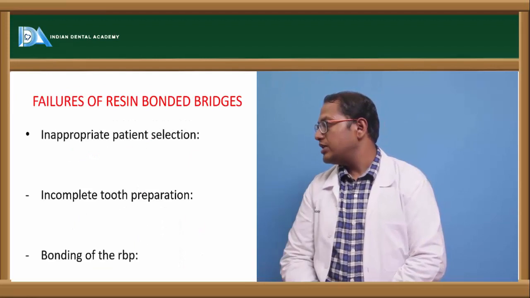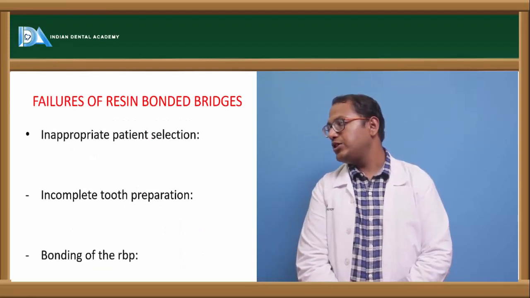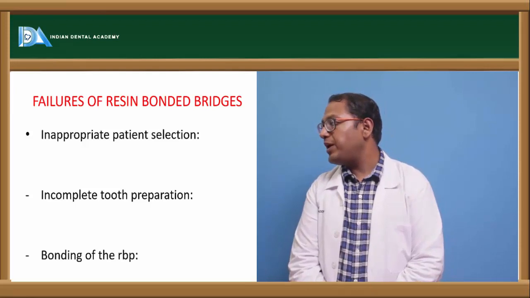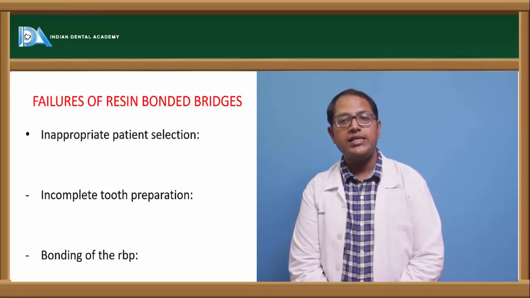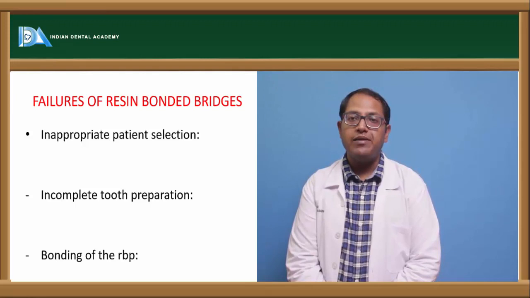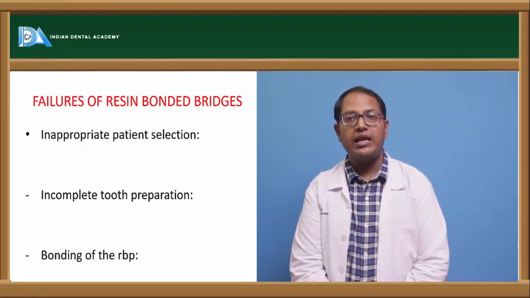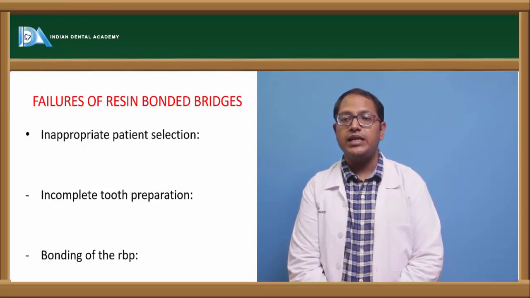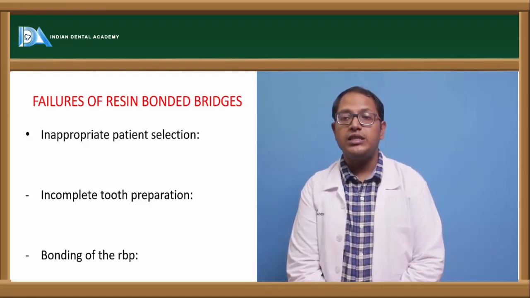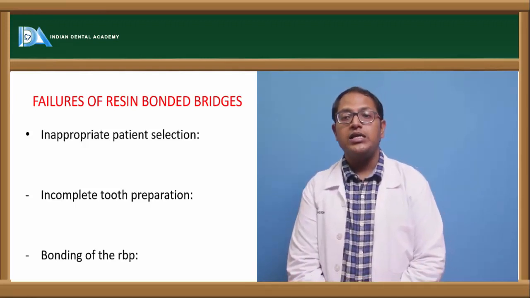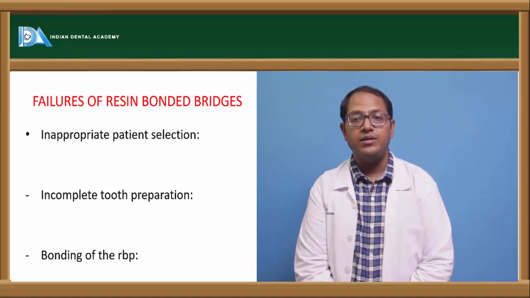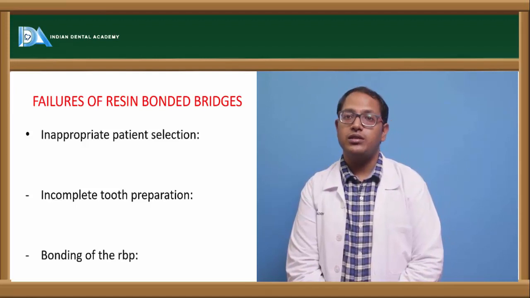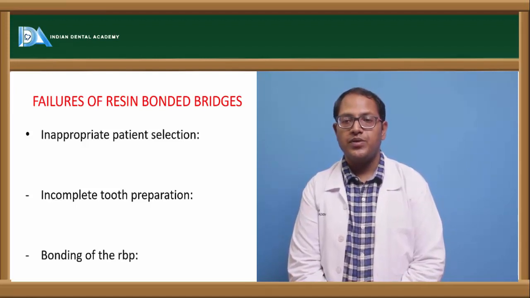Coming to what resin bonded bridge failures can happen due to. It can happen due to inappropriate patient selection. Patient selection as in what? Poor alignment of the teeth, patient having parafunctional habits, insufficient vertical length of the abutment, inadequate virgin enamel for bonding, history of metal sensitivity, thin labiolingual abutment dimension, which can go up to the pulp and damage it.